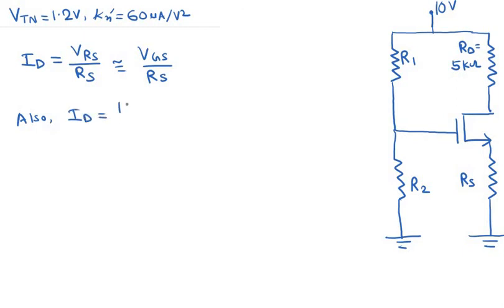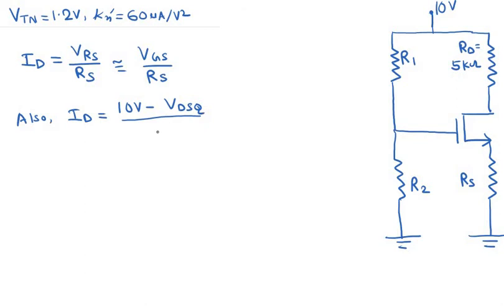This is one equation, and we also have a second equation for ID, which is 10 volts minus VDSQ. VDSQ is the DC drain to source voltage, the DC value of the potential difference. Here we only have DC voltages, we do not have AC voltages, so VDSQ is actually equal to VDS.